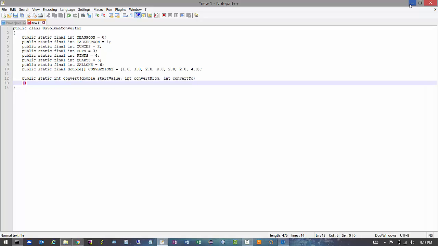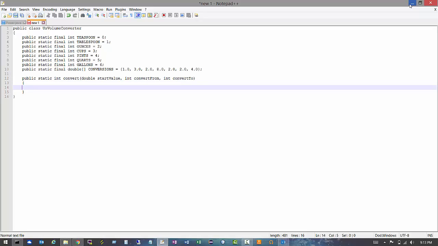So with those three pieces of information, we have everything we need to know to be able to do the conversion. So, a couple things I want to talk about before I actually write the full code.